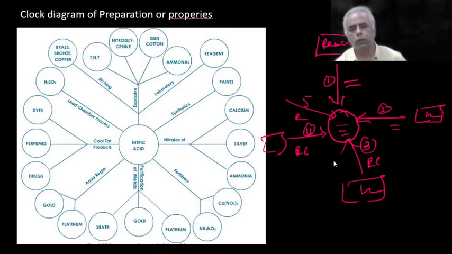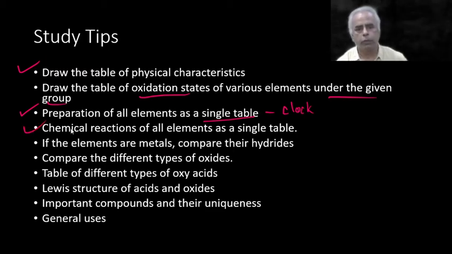So this is called the preparation clock diagram. Similarly this can be used for properties also. In the case of properties, you have to put an outward arrow, that's all. Okay, and then chemical properties as a single table or clock diagram once again, but here for preparation it can be shown as inward arrows, and for properties outward arrows.